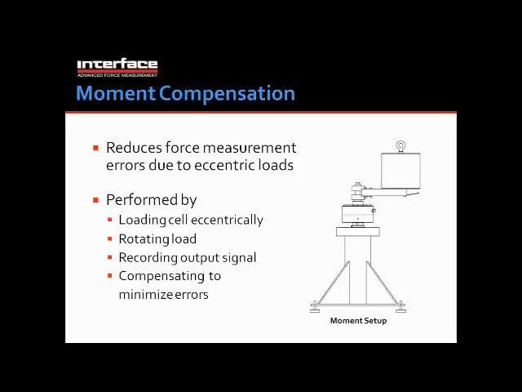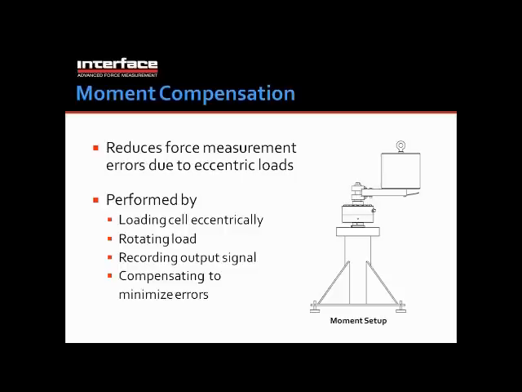The purpose is to reduce measurement errors due to eccentric loads. How do we perform it? We put loading on the cell eccentrically, and we rotate this load around the flexure, recording the output signal coming out of the load cell.